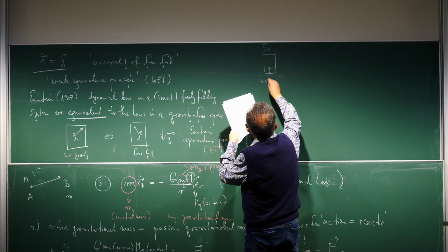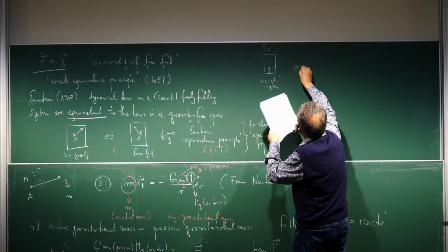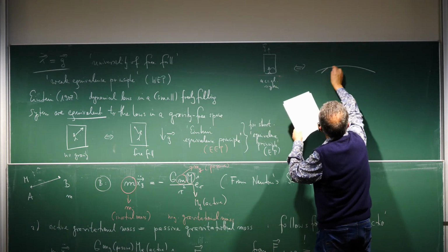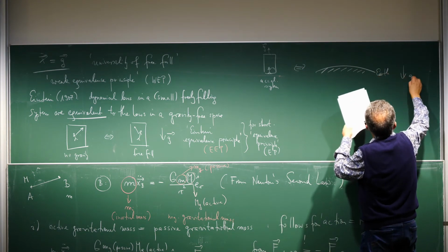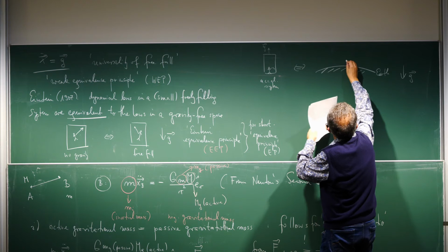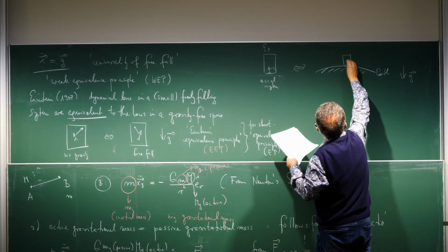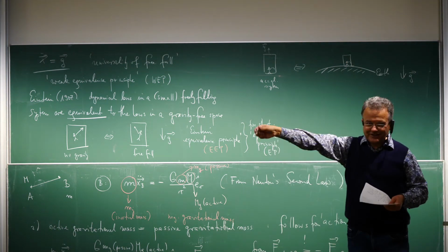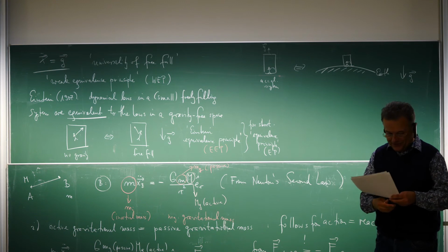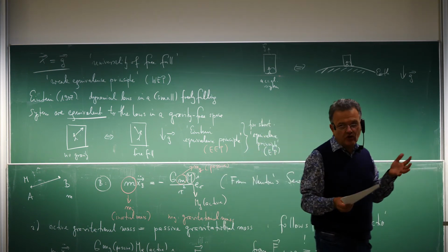So this is an accelerated system, a rocket, and this is equivalent to being here on Earth with this gravitational acceleration, where you just stand and throw your ball, as I could do when just throwing this piece of chalk. Now, this is something that holds locally.